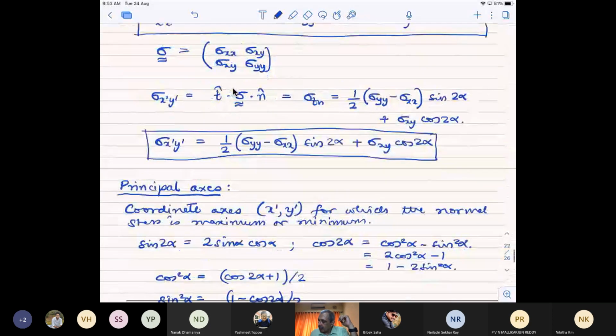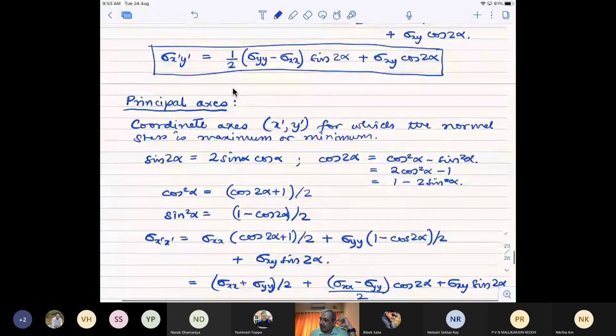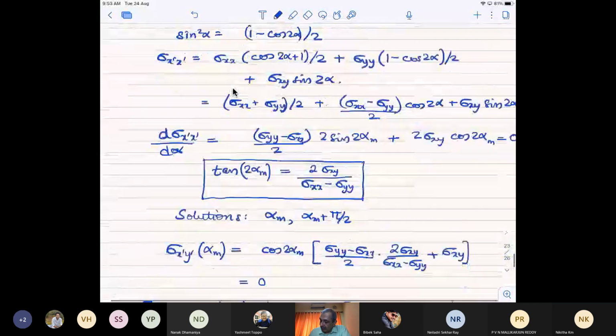Here is half of sigma yy minus sigma xx into sine of 2 alpha plus sigma xy into cos of 2 alpha.